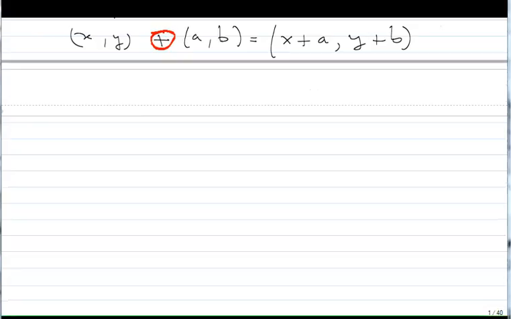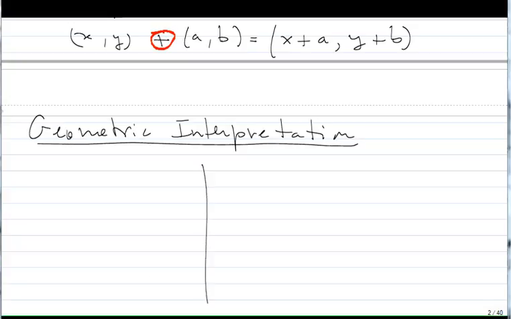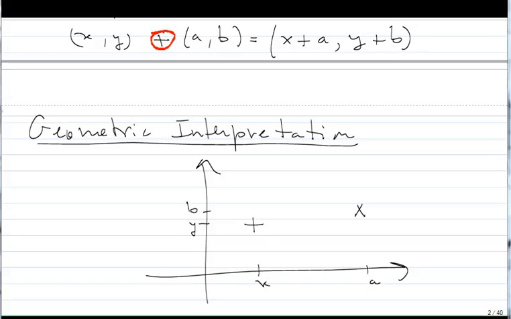What is the interpretation of this? So this is the geometric interpretation. We go to the plane R2. We have (x, y) and we have (a, b). If we look at the addition, we want to look at what is the point (x plus a, y plus b).